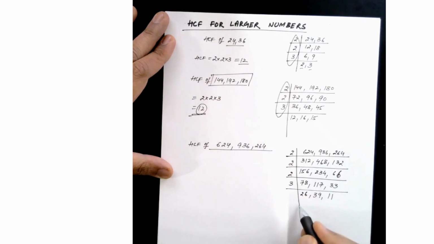We cannot divide by 3 further, right? Because 11 itself is a prime number here. So clearly we cannot divide these numbers further.